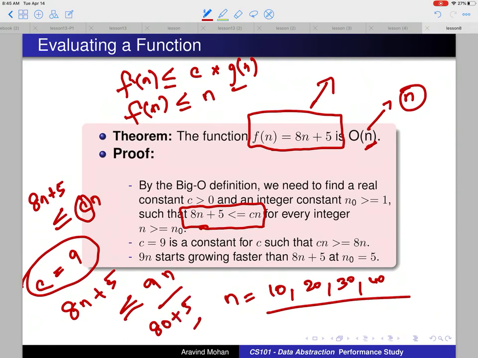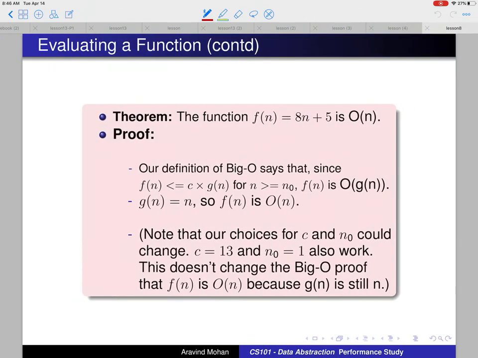So if n equal to 10, 8 times 10 is 80. 80 plus 5, 85 is less than equal to 9 times 10 is 90, right? And I could do it for one more case, which is 20. So if I substitute, 8 times 20 plus 5 is 165, less than equal to 9 times 20 is 180. So it's proved, right? So the theorem is proved here by doing some substitution for n value. If you increase the n value, you would find the theorem to be proved a lot, right?